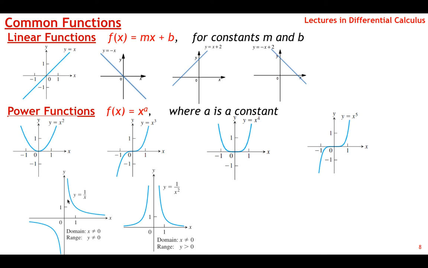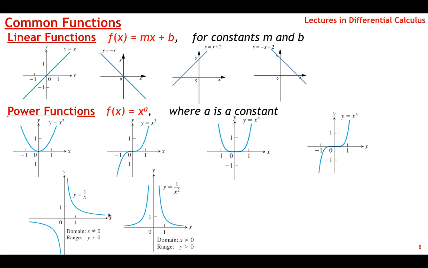So y cannot take the value 0; all other values y can take. The curve is symmetric about the origin, and it is decreasing from minus infinity to 0 and decreasing from 0 to infinity.